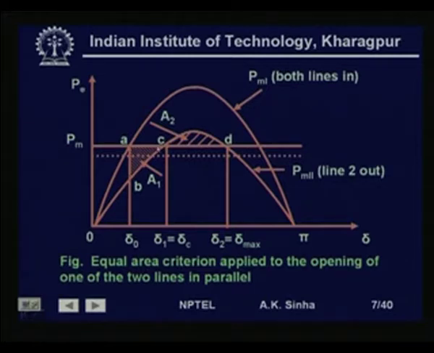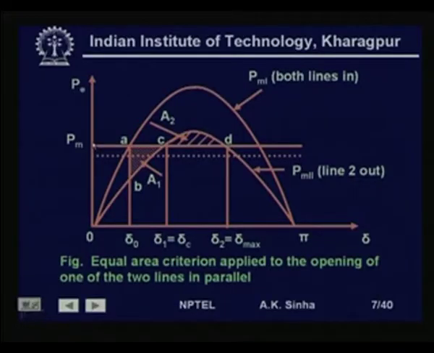Now, we have much larger acceleration available, or the accelerating area available is much larger, and therefore the decelerating area available must be equal to this or more. Now, if we move it in such a way that this area A, B, C is equal to C, D and this hatched area, then at this point we will have critical stability, or the system will be just stable.